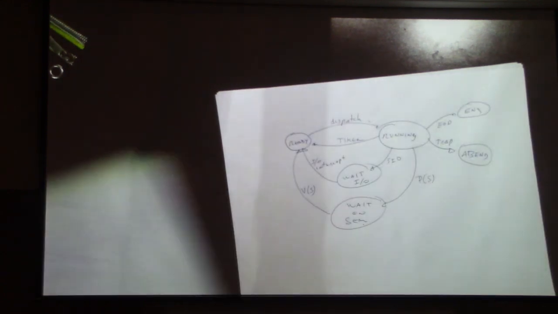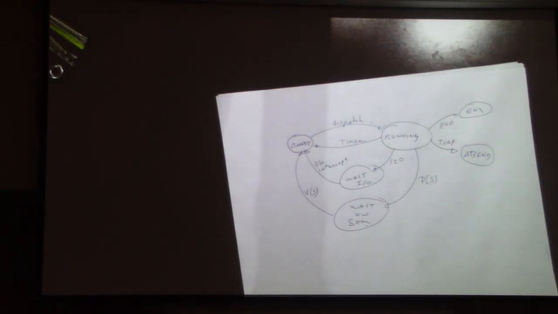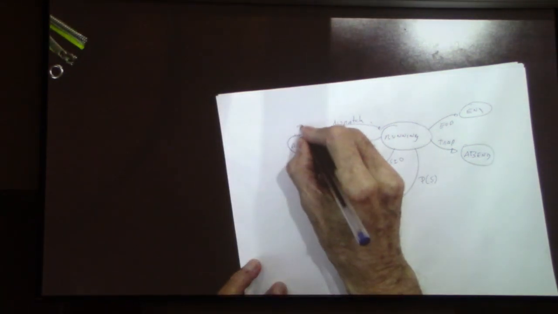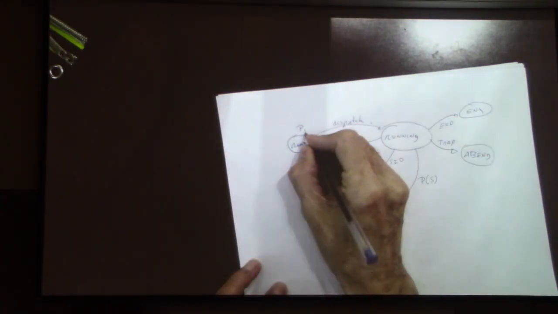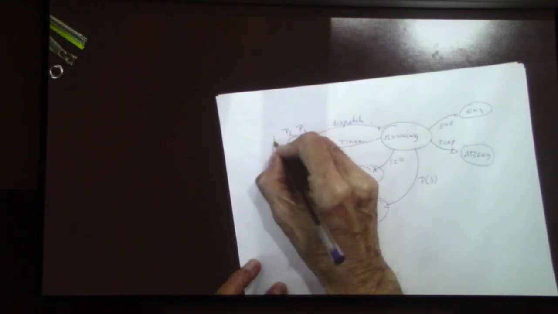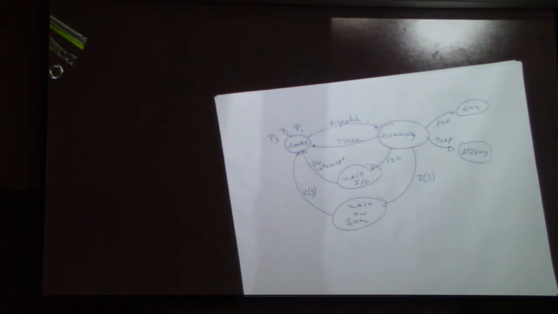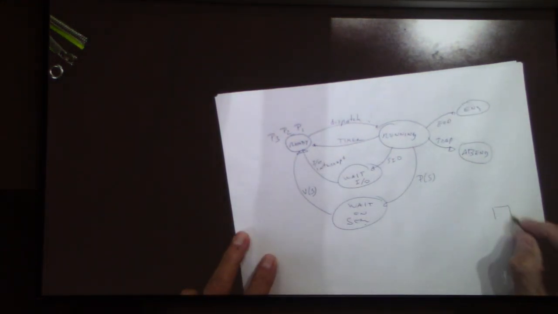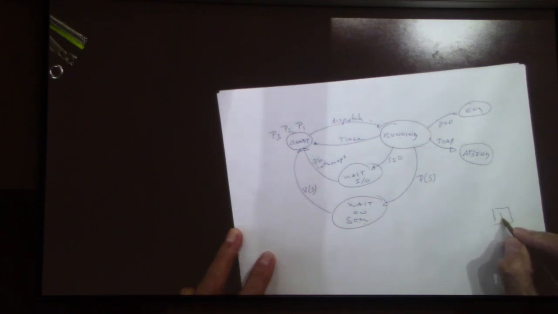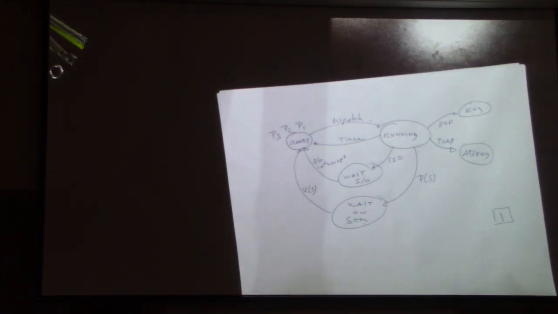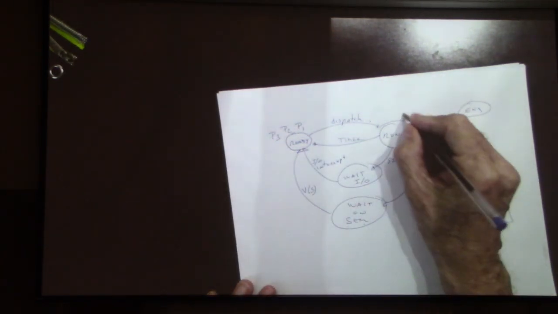Okay? So let's do this. You have P1, P2, and P3. Semaphore, initially 1. We assign the CPU to P2.